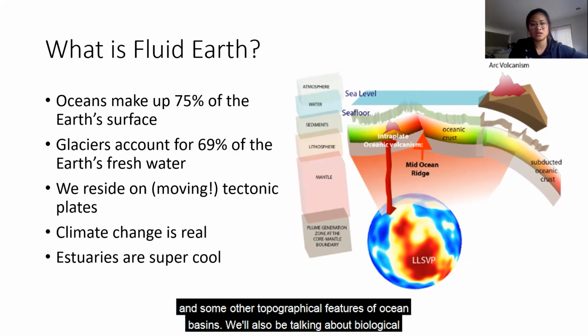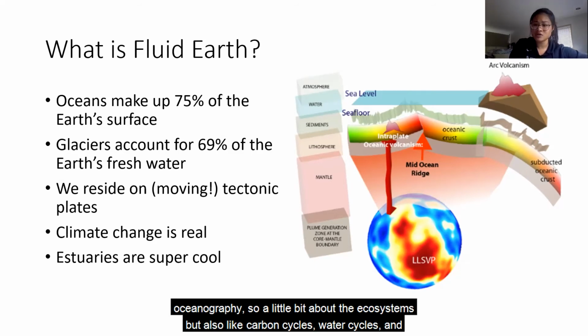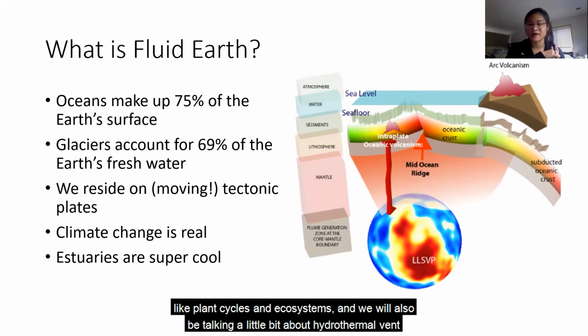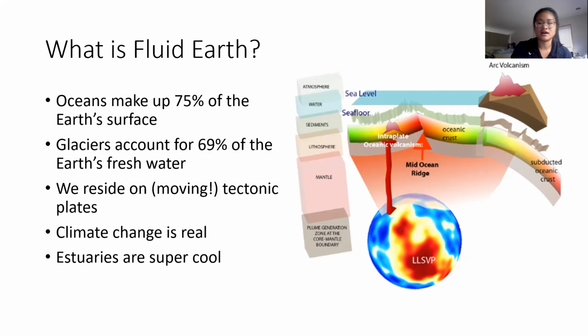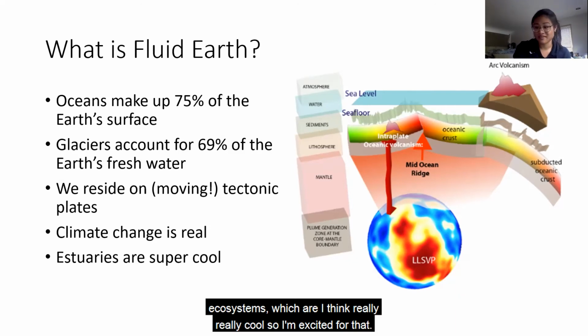And we'll also be talking about biological oceanography, so a little bit about the ecosystems, but also carbon cycles, water cycles, and plant cycles and ecosystems. And we will also be talking a little bit about hydrothermal vent ecosystems, which are, I think, really, really cool. So I'm excited for that.